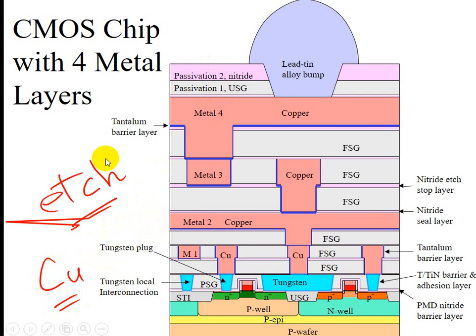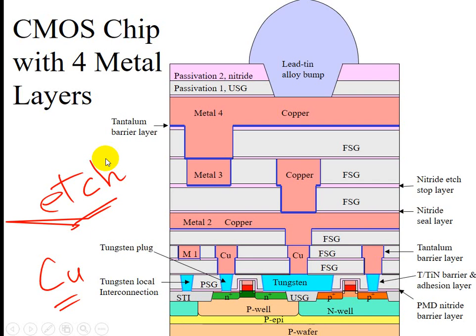You may end up taking several processes to etch away copper. But for aluminum, it's simply a one-step process. Gas goes into the furnace and reacts with aluminum and forms a gaseous product and is exhausted. So you can etch away the aluminum quite easily, but not copper.